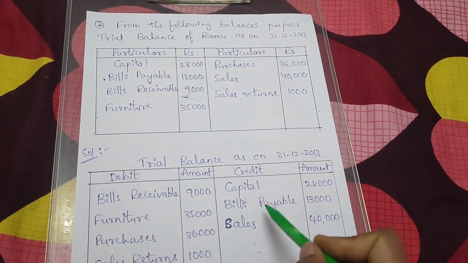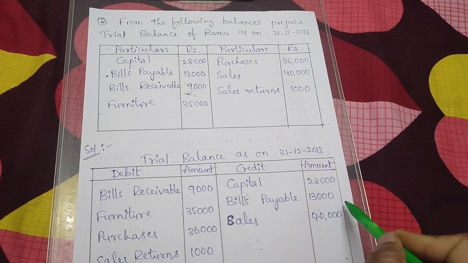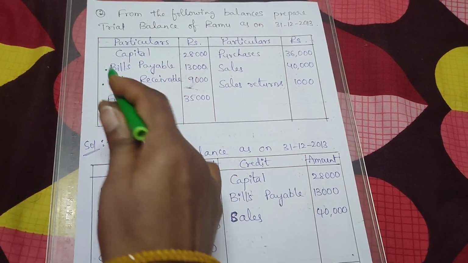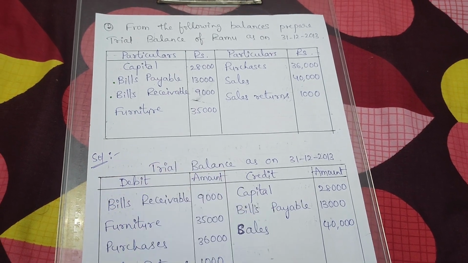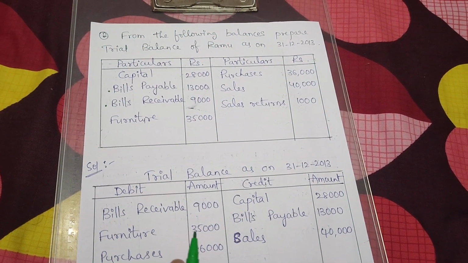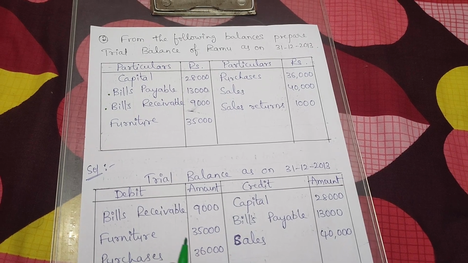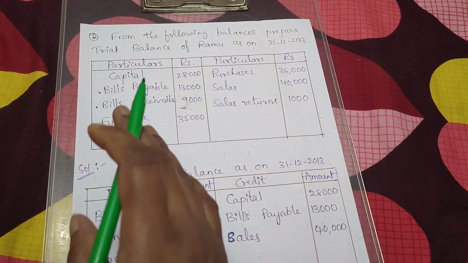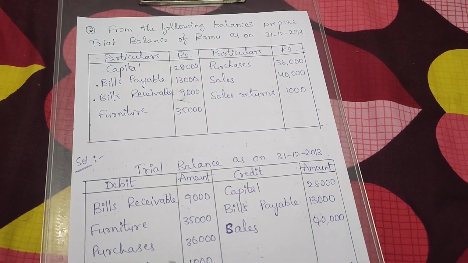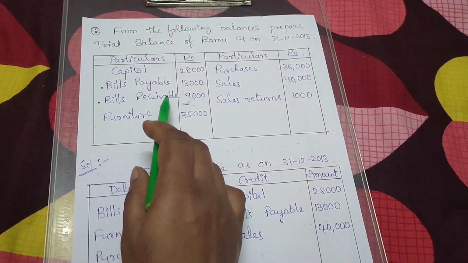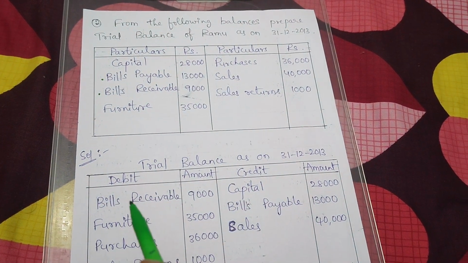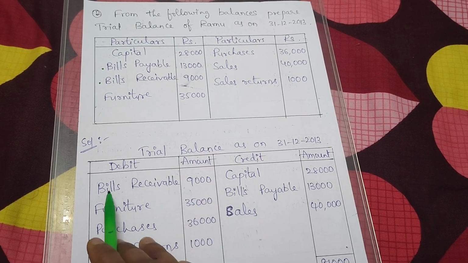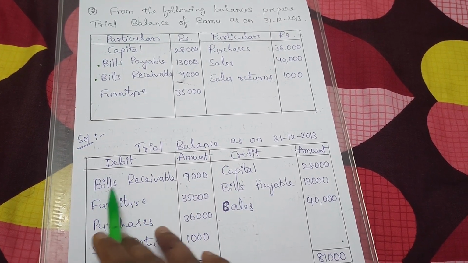That is why bills payable is recorded on credit, 13,000. Next, bills receivable. If you learn the list properly, you will identify the items quickly. Bills receivable is an asset, so according to the rule of trial balance, we have to record it under debit.